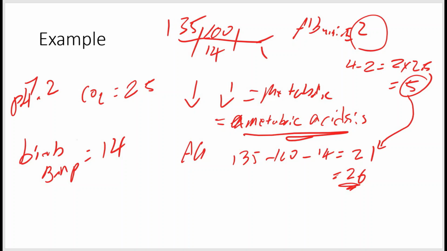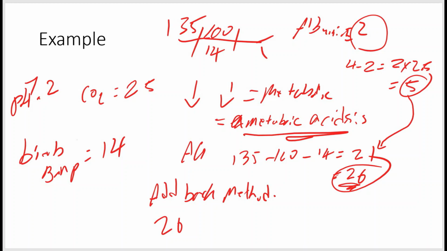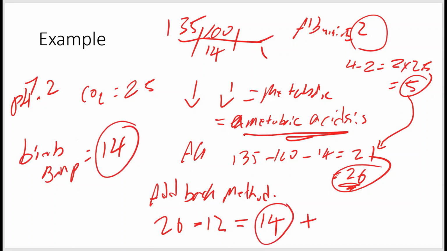The next step is using the add-back method. Here we have the calculated anion gap, 26, minus the expected normal anion gap. Since we already corrected for the albumin, we're going to use 12. So 26 minus 12 gives you 14. 14 plus the bicarb on the BMP gives you 28.